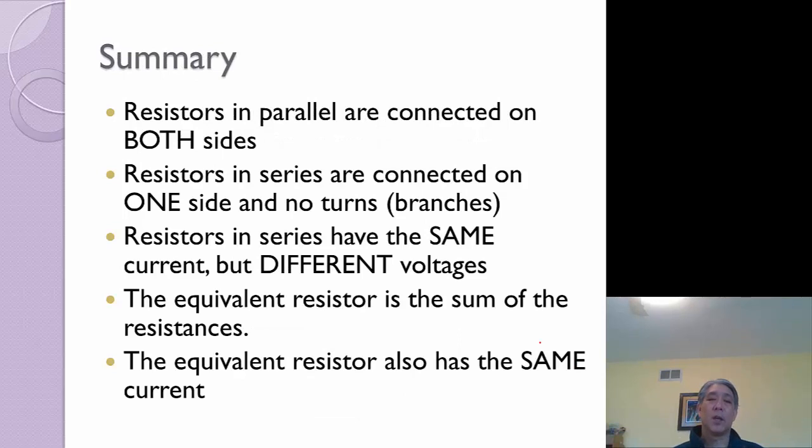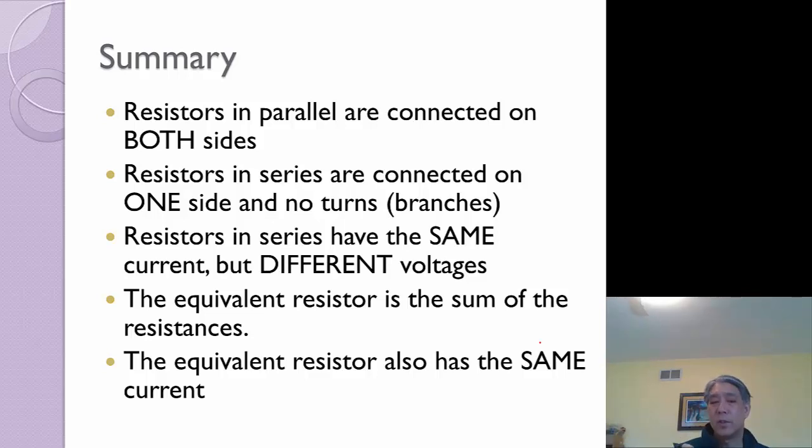So just to summarize, resistors in parallel must be connected on both sides. Resistors in series, however, are connected on one side, and where they are connected, you can have no turns or branches. And this is important: resistors in series have the same current, but different voltages.